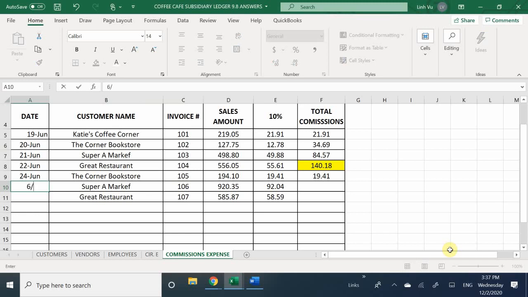So he accomplished the sales. Okay, so this one we're under the accrual basis. So he earned it. So therefore we pay him, regardless if the person paid or not. And if the person doesn't pay, we can't penalize him. He did go and make sales for us. It's just he made sales with the wrong person. You know what I mean? They're not paying us. So Super A Market.